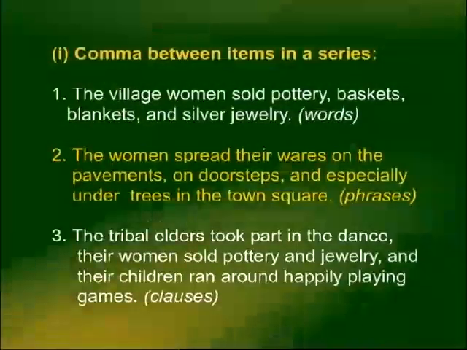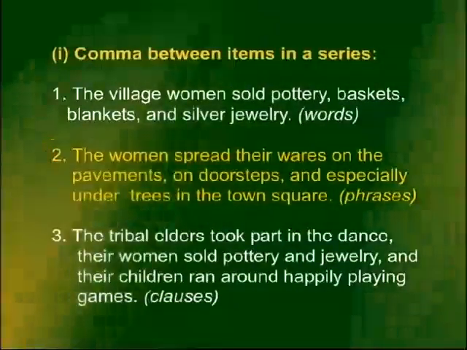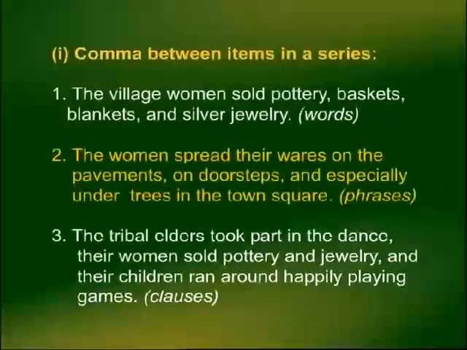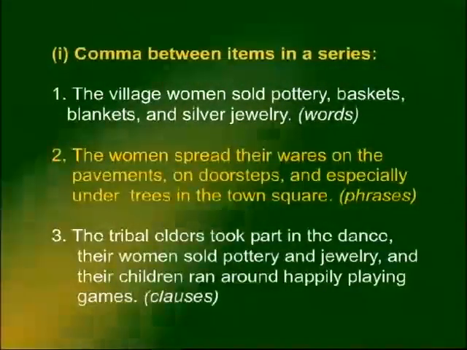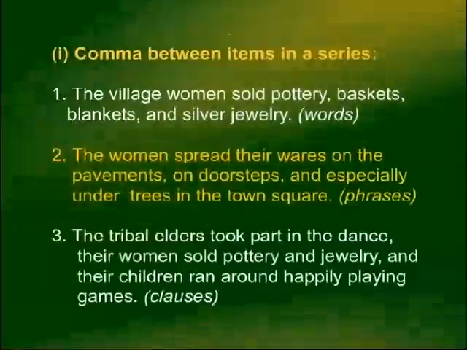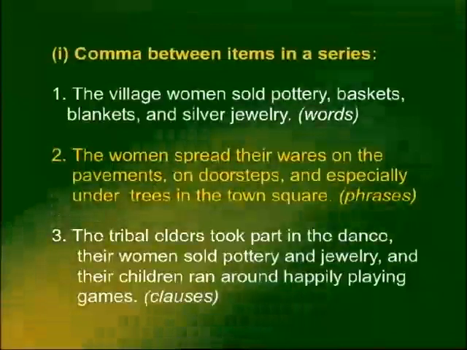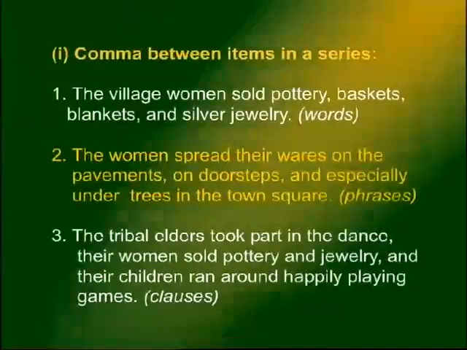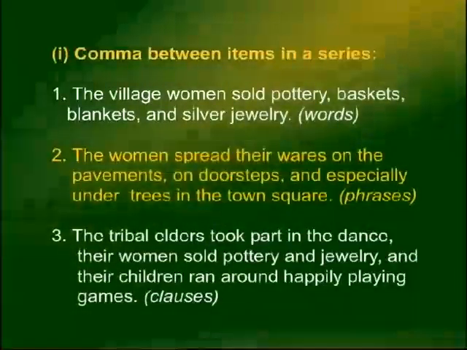Sentence number 2. The women spread their wares on the pavements, on doorsteps, and especially under trees in the main square. Now notice here it's a series of phrases. In the first sentence you had a series of words. Now it's a series of phrases.